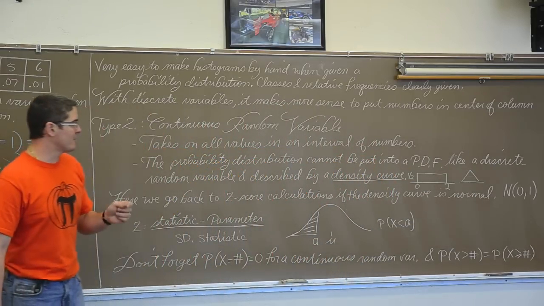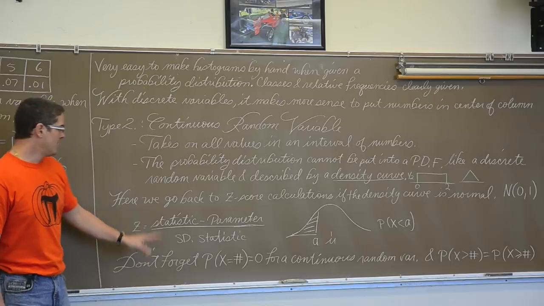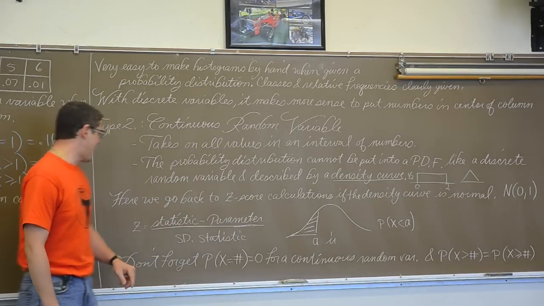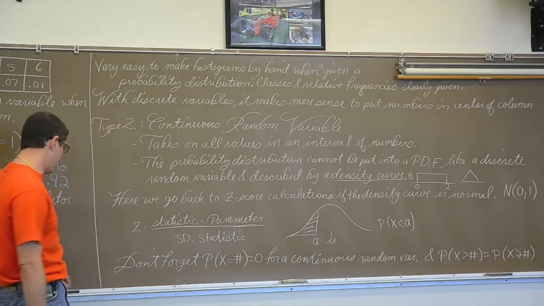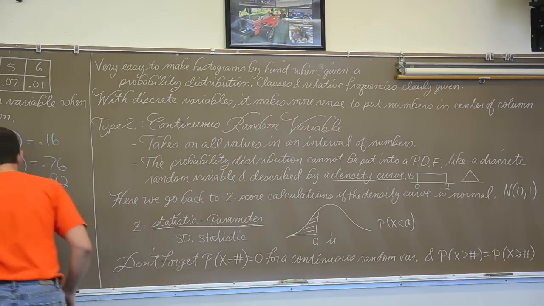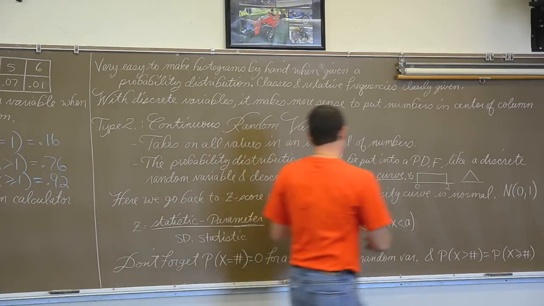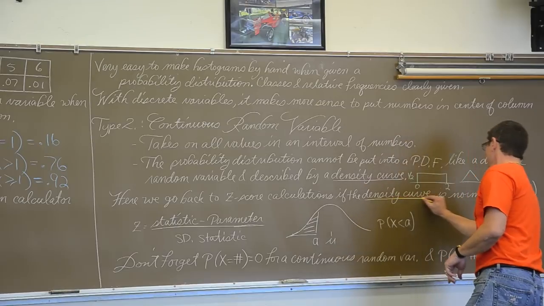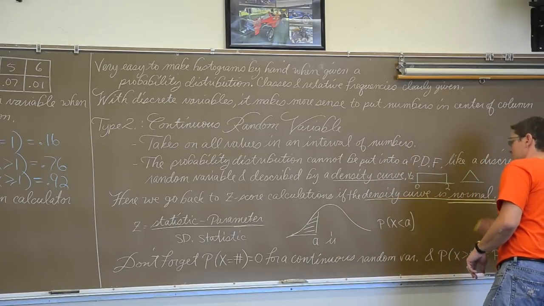So don't think every time you see the word density curve, you do a z-score calculation. That is only when you go back and you start reviewing your idea of a density curve that is normal, okay?